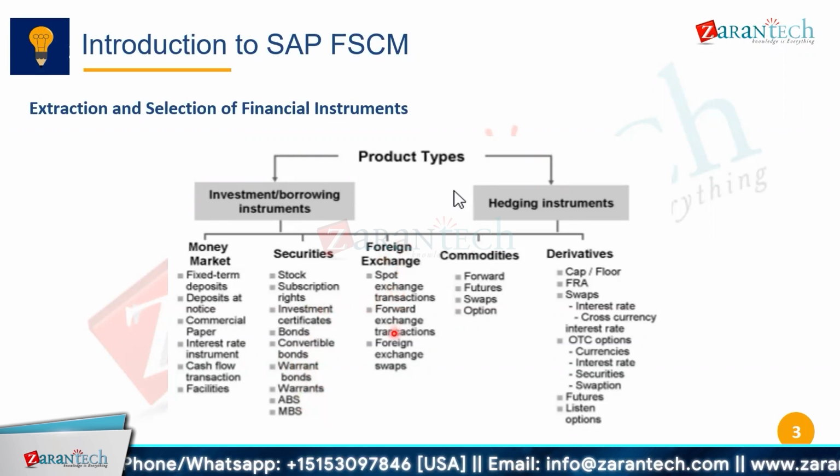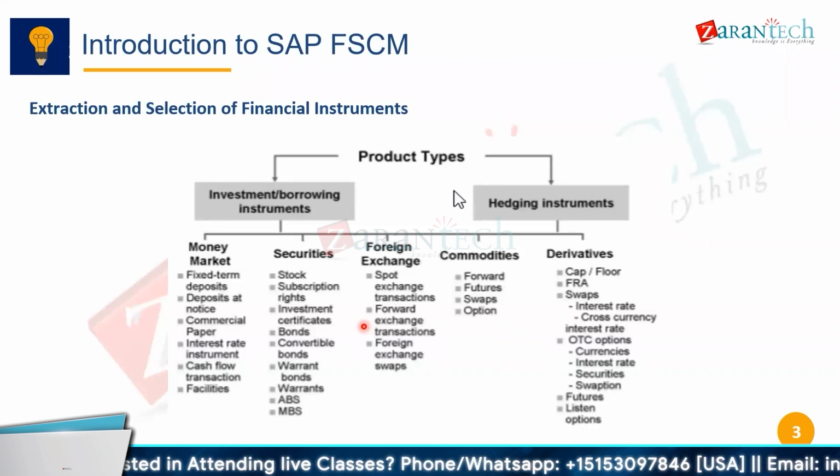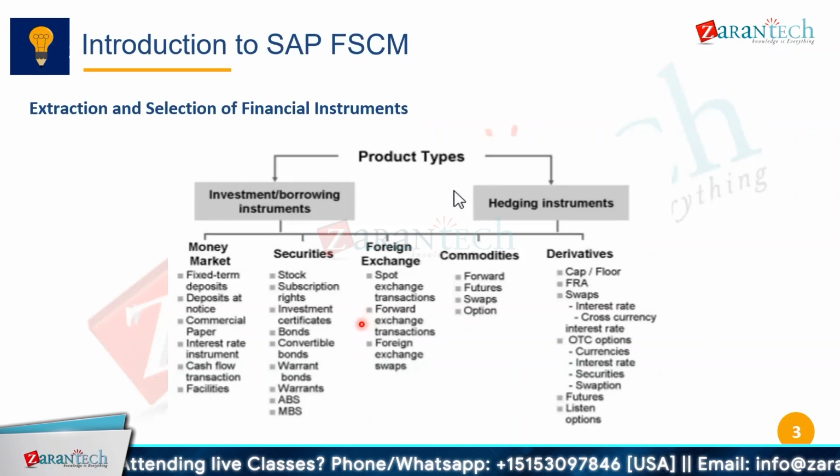Then foreign exchange covers the purchase and sale in different currencies. Suppose you buy and sell currency, that you can manage in foreign exchange. Here the buy and sell can be a spot transaction, meaning you are buying or selling using the current rate, that is called the spot. But at the same time, sitting here I can buy currency on a future date, and I can agree on the rate in future at which I'm going to buy or sell that currency.